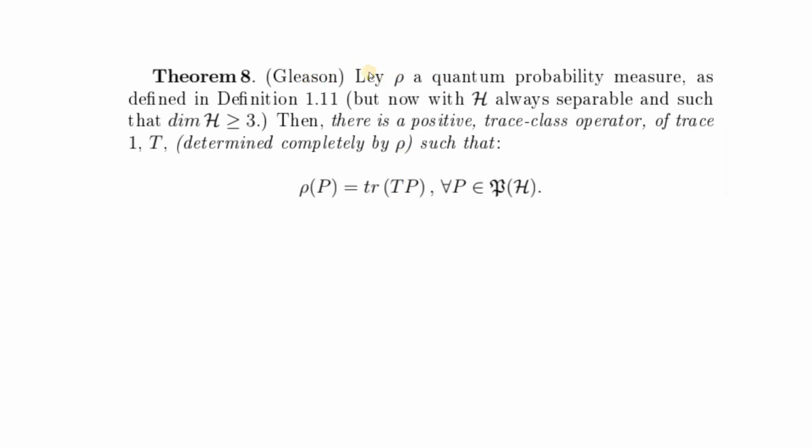So Gleason's theorem provides a powerful justification for that rule, which is taken as an accepted axiom or principle of basic quantum mechanics, that probabilities are calculated by taking the trace with a density matrix.